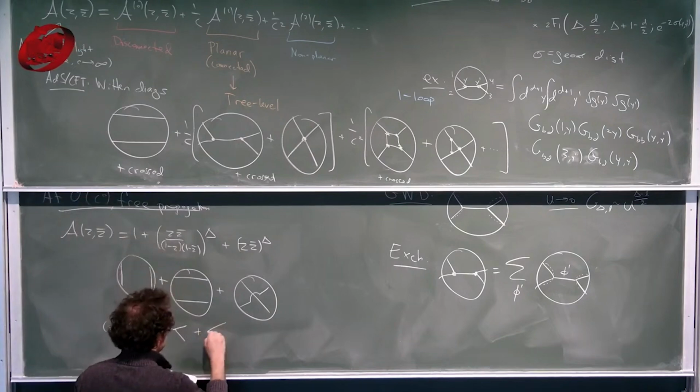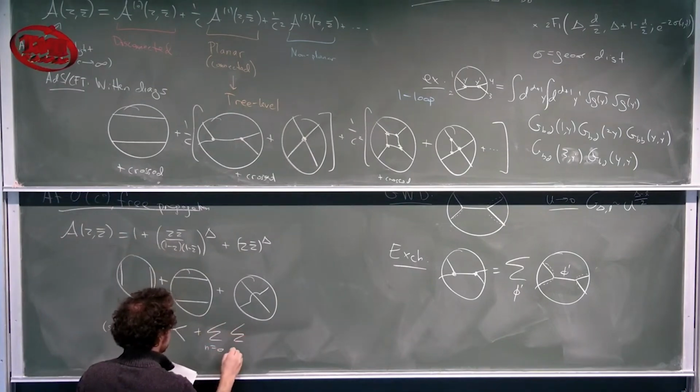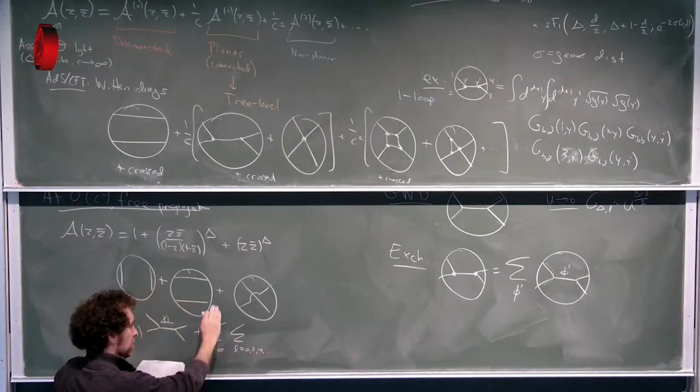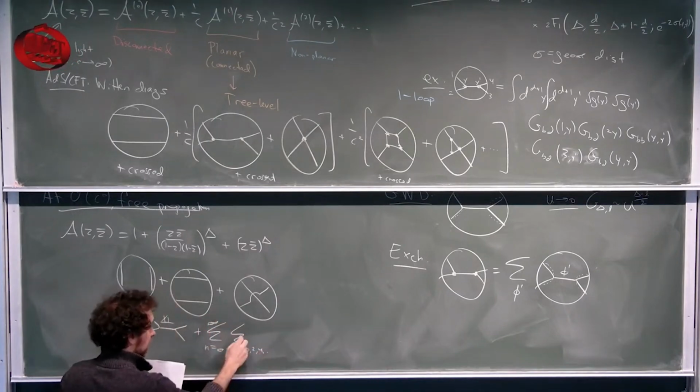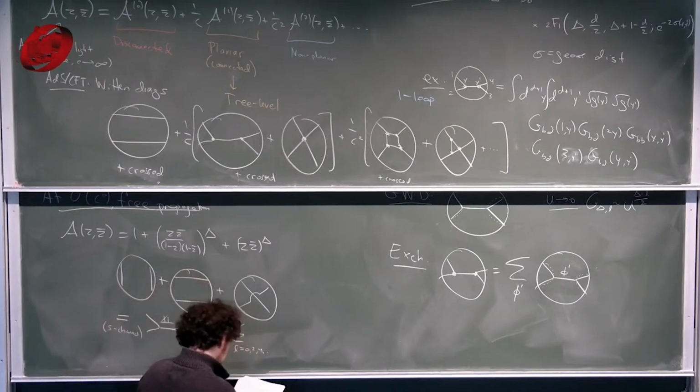So the full sum is actually a sum over these 2 indices, n and L, we introduced last time. The sum over n is from 0 to infinity. The sum over spins L is over even spins L. Here I'm assuming this is some real field.